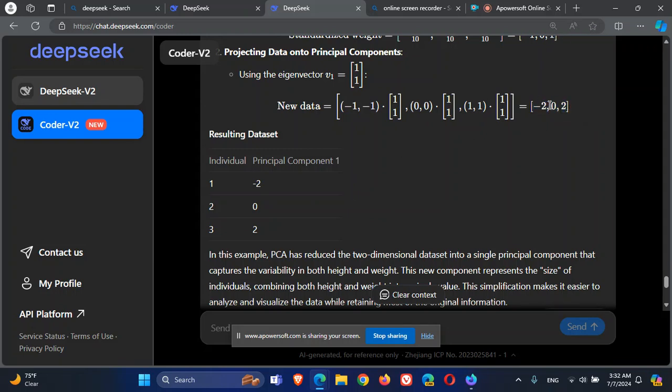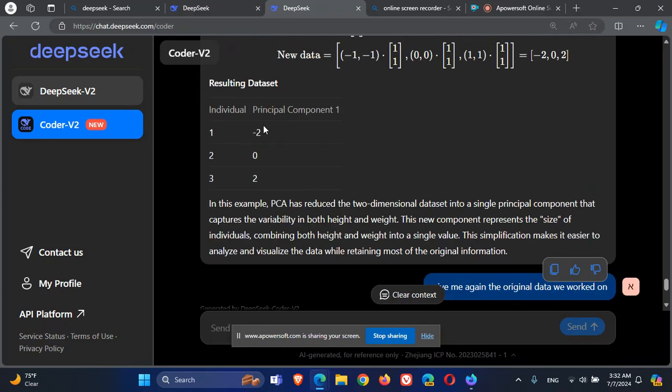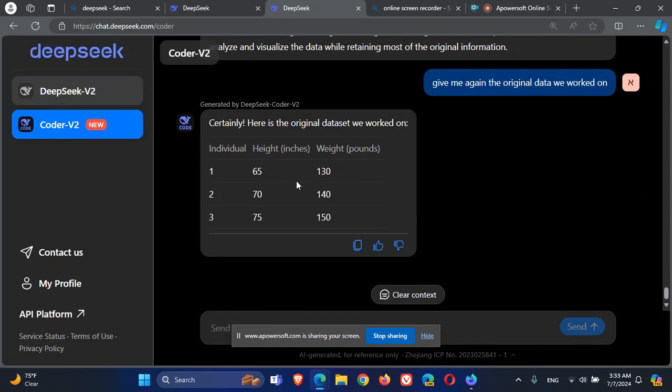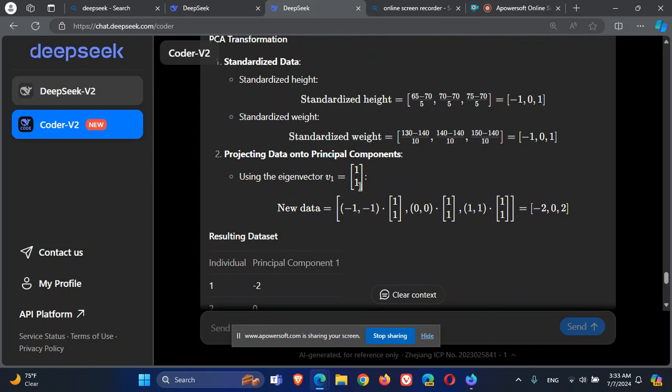This is the new value for the second, for the third, and again it captured the variance and told us in one component, one dimension instead of two, what the relation is. The first is the smaller, the second is in between, and the third is the bigger one. You can understand it also from here with two dimensions, and you can understand it much better with one dimension right over here using the first principal component, which is the eigenvector.